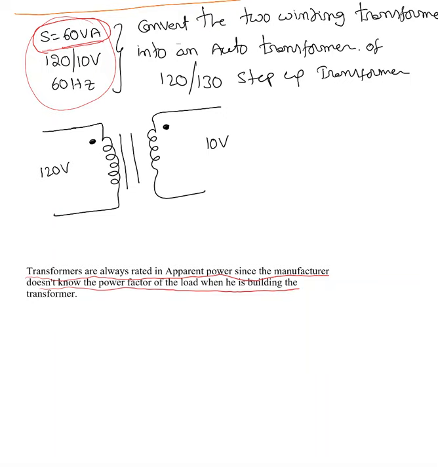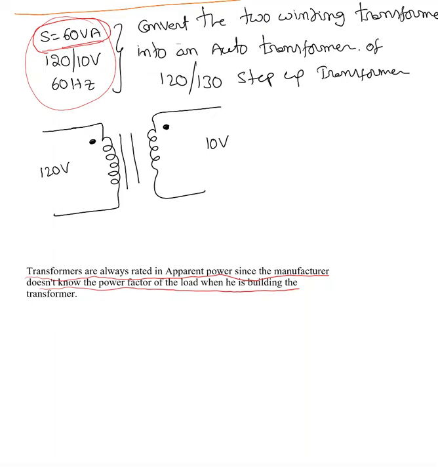Even at your home, in the winter time when you turn on your heater, the heater is a purely resistive load, so the power factor is unity there. In the summertime, you turn on your AC. AC usually has a lagging power factor, a poor power factor, like 0.7, 0.75, less than 0.8.